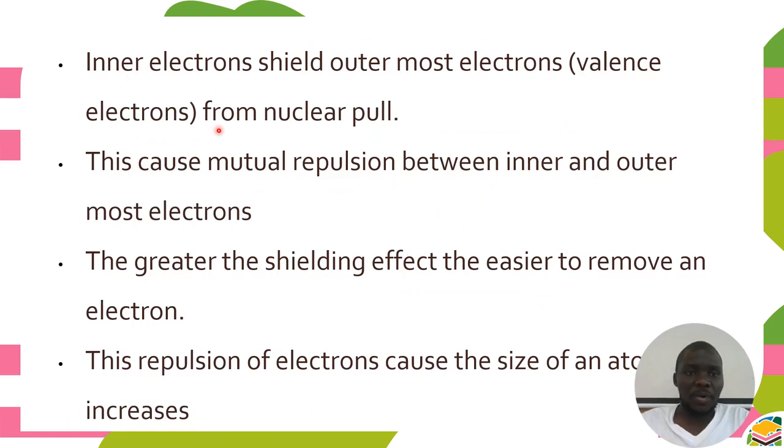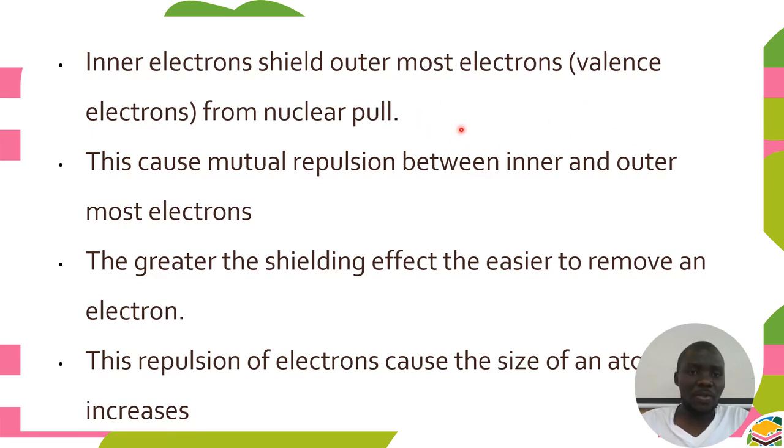Let us sum up what happens in that diagram. Inner electrons shield outermost electrons from the nuclear pull. As they revolve, they block the full attraction that was supposed to be offered to the electrons in the outermost shell.